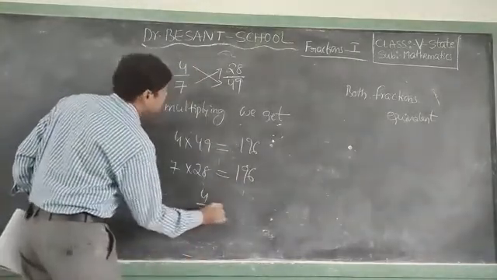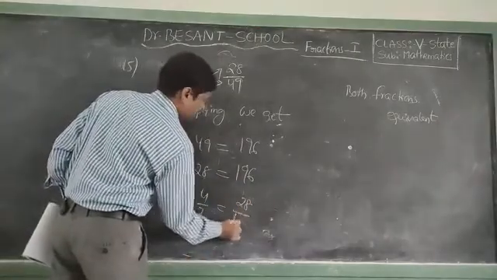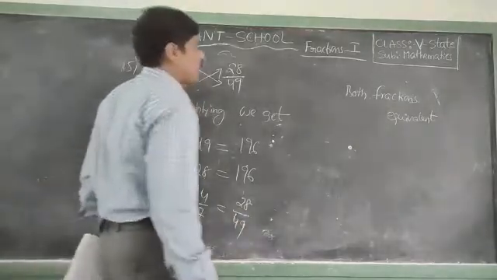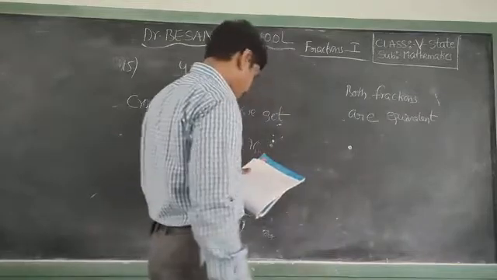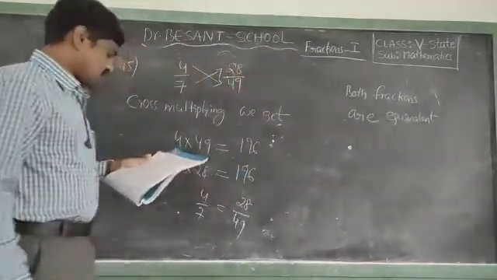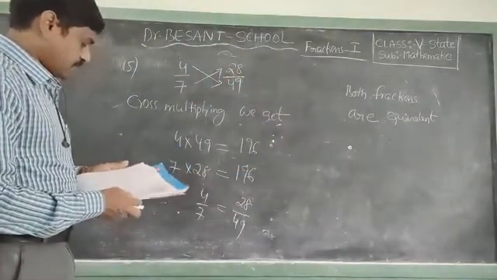So 4 by 7 is equal to 28 by 49. So both fractions are equivalent.